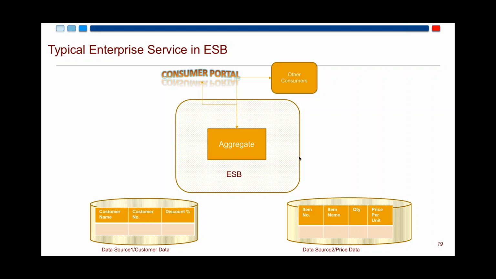Typically, we get the request from a consumer portal. The consumer portal invokes services like the aggregate service in the ESB and sends the request to it. That aggregate service fetches the data from the first data source, gets the data from the second data source, combines them appropriately, and sends the response to the consumer requester.